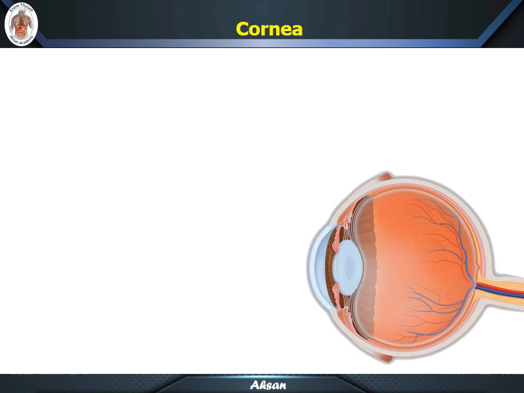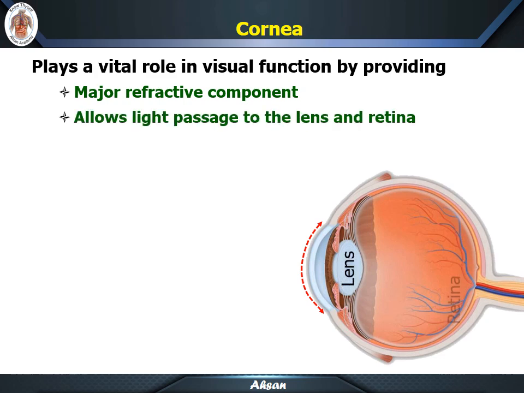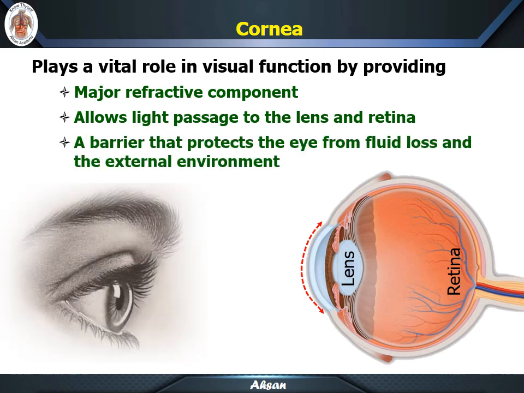The eye is the organ of vision, and this cornea plays an important role in visual function by providing the major refractive component, and it allows passage of light to the lens and through the vitreous body to reflect over the retina.